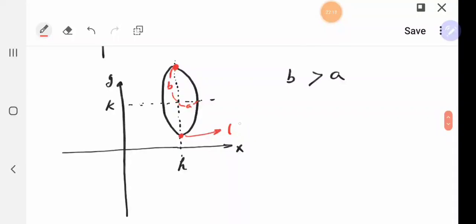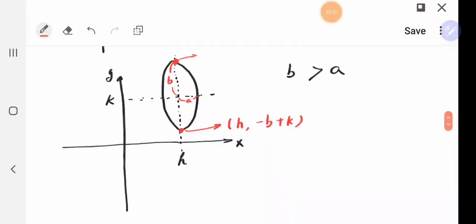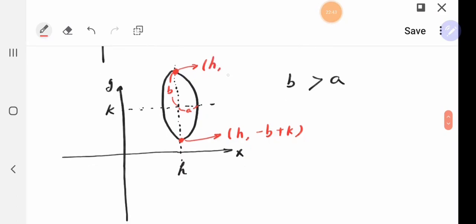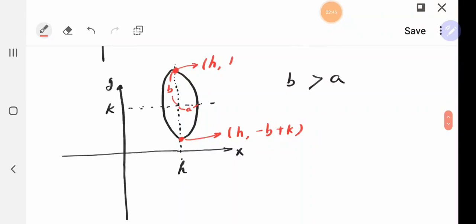So it moved h units to the right, and the y coordinate was originally negative b, and then increased by k. For this other vertex, the x value is h, and the y value was originally b, but it is increased by k.